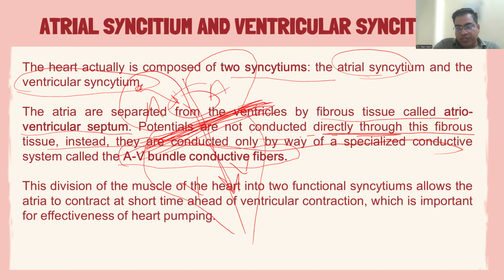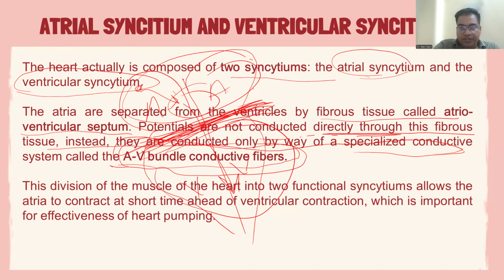The impulse can travel from atria to ventricles only through the specialized conductive system called the AV bundle conductive fibers. So the atria and ventricles function as two different units, the atrial syncytium and the ventricular syncytium.